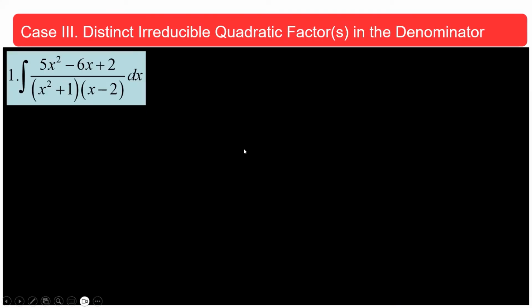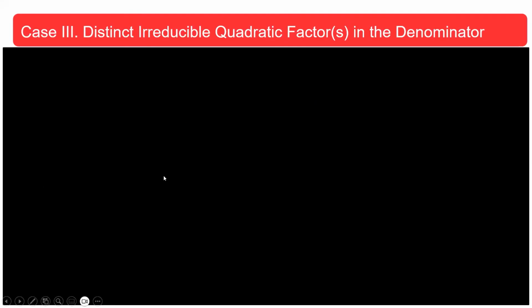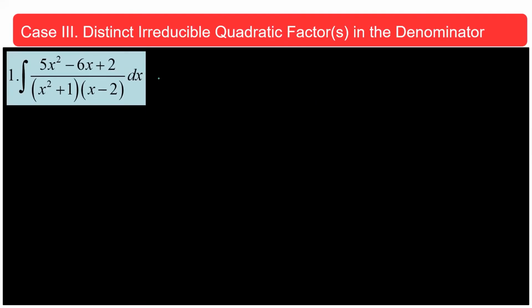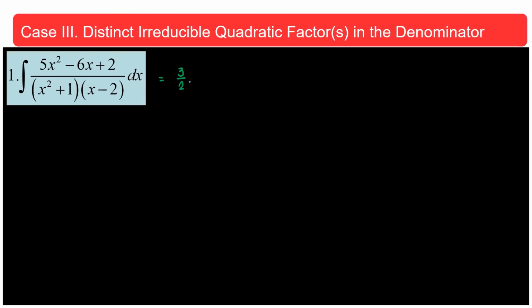All right. So eto, look at the problem. What would be the answer? Diba it's the same? The answer that we had in this page is 3 halves ln of x squared plus 1 plus 2 ln of x minus 2 plus c.